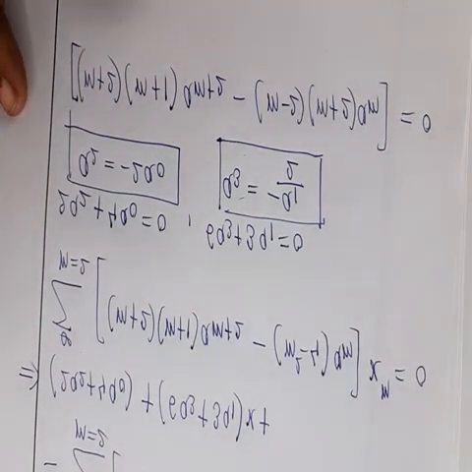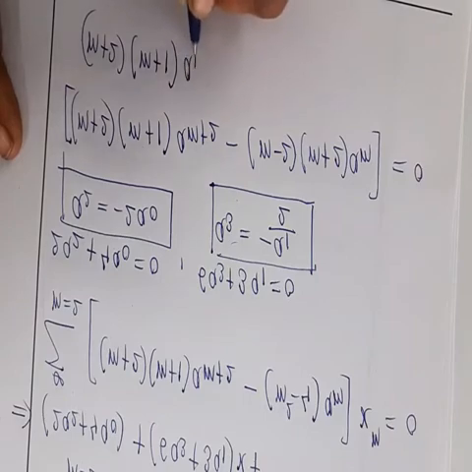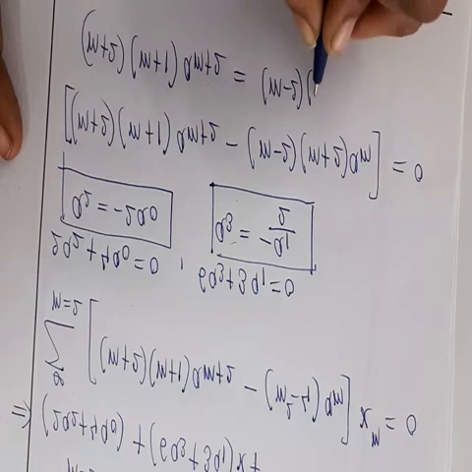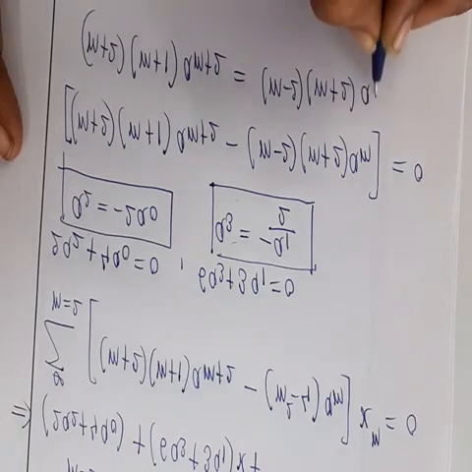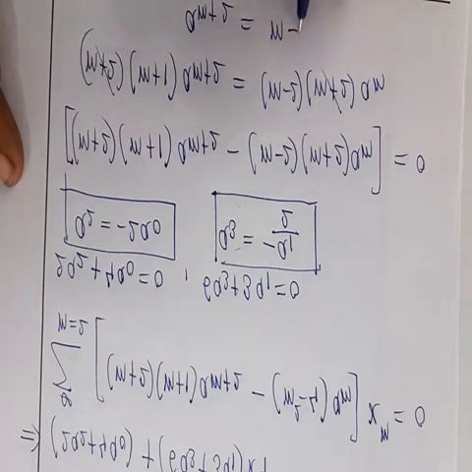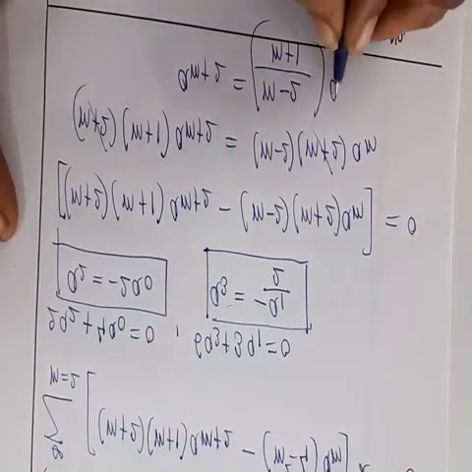So (m+2)(m+1)a_{m+2} equals (m−2)(m+2)a_m. The m + 2 on both sides gets cancelled. Remaining is a_{m+2} equal to (m−2) divided by (m+1) multiplied by a_m.